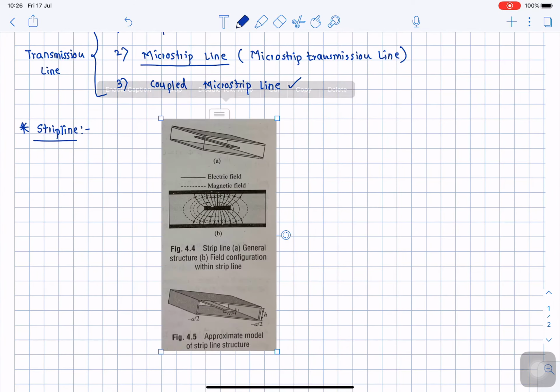Then the second diagram is the field configuration, how the field configuration looks like for that particular line. Okay, and the third diagram is indicating the structural details. Okay, so let me explain to you how this looks like.